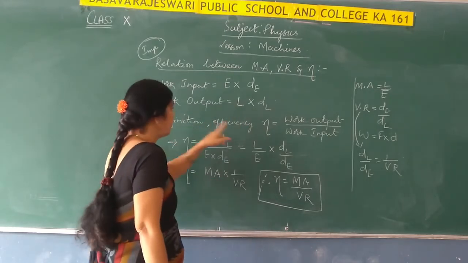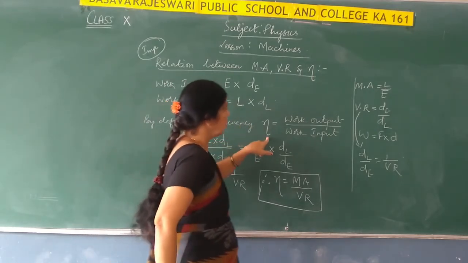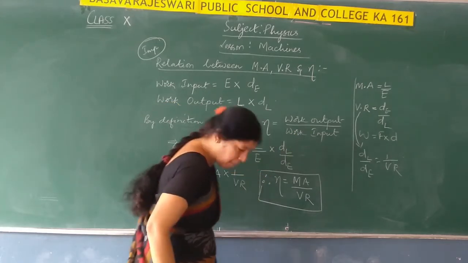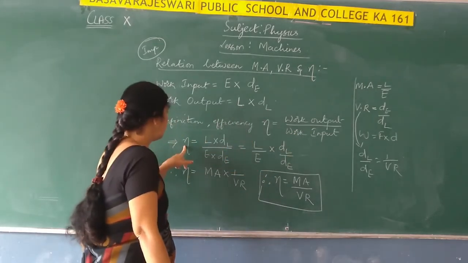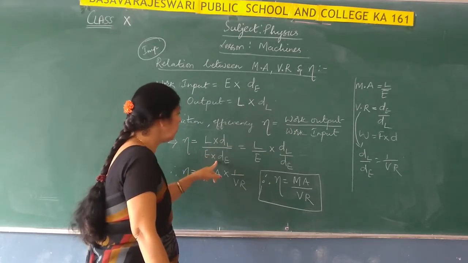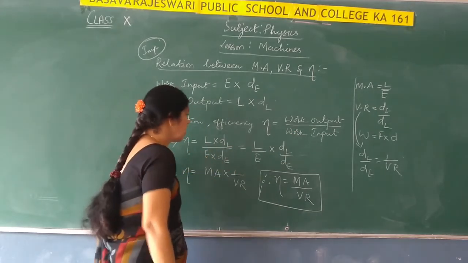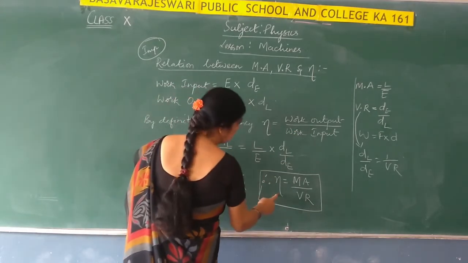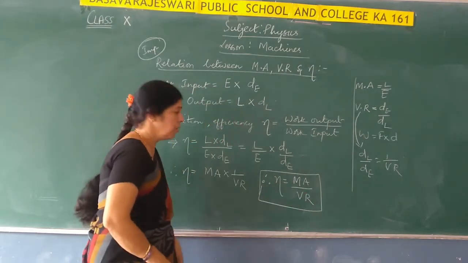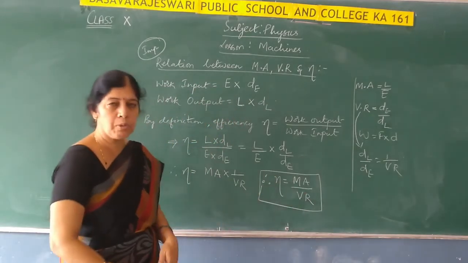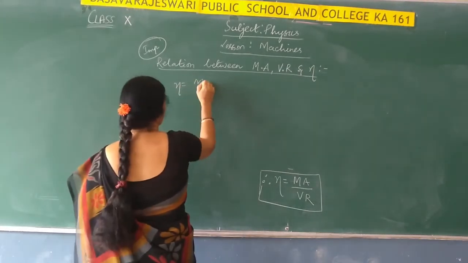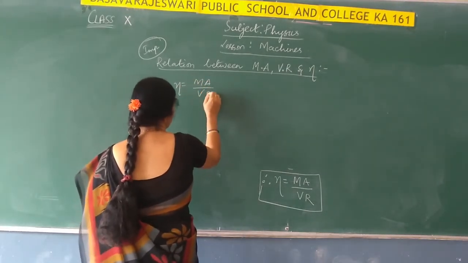By definition of efficiency, eta is equal to work output by work input. Therefore, efficiency is equal to L into dL by E into dE. Simplify, and you get efficiency equal to mechanical advantage by velocity ratio. So this relation you have learned. Please note down the steps.